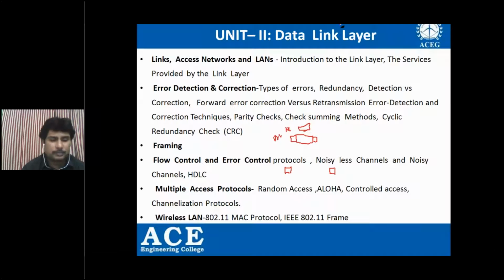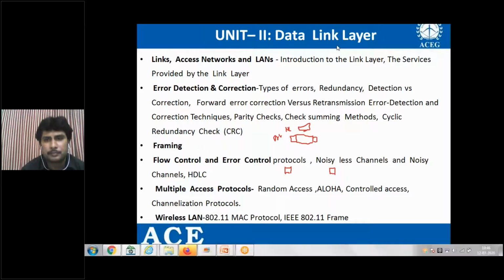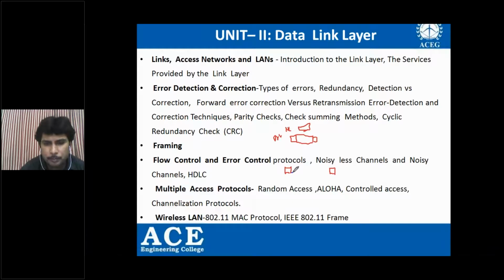For instance, this is my channel through which the data is transmitted. So the channel between the sender and the receiver can be of two types. The first type is called noiseless channel, meaning there is no noise in the channel. Whatever has been transmitted will be received by the receiver.